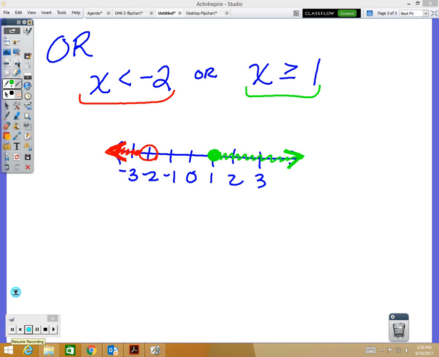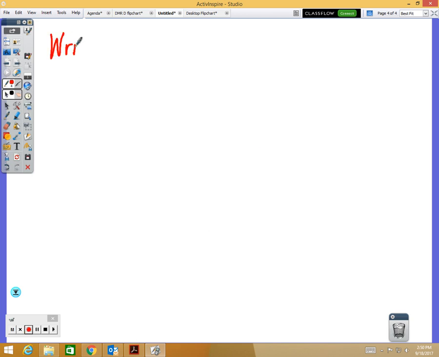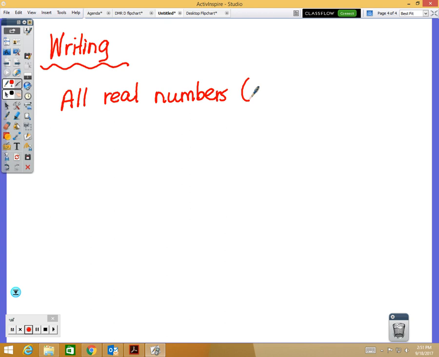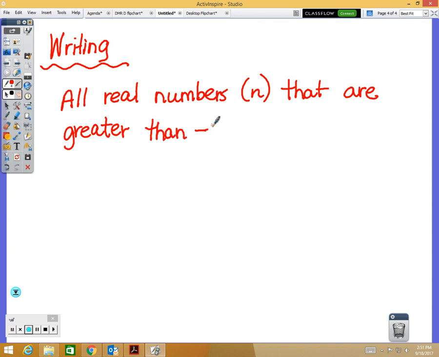Okay, the next thing that we're going to do is we're going to write the inequalities. So if I said to you, all real numbers, and I'm going to use the variable n for that, that are greater than -2 and less than 6.